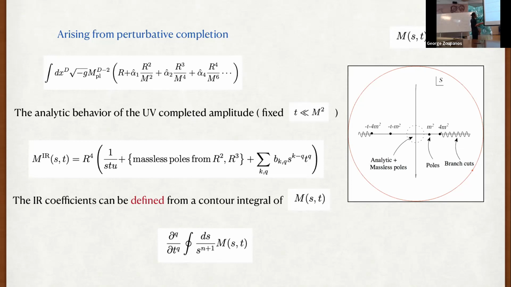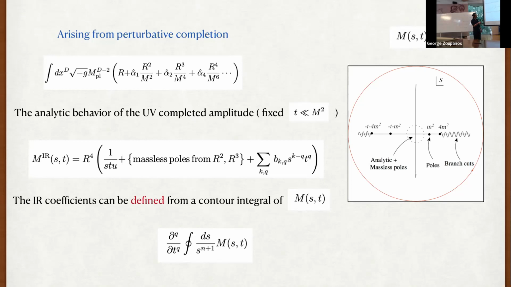But this is precisely the manifestation of the fact that I'm assuming perturbative completion, which means that the amplitude is already UV completed even at leading order in the coupling. So any graviton loops are higher order, so this is relevant to my question. In this kind of bootstrap, I don't care about graviton loops, so I don't care about any quantum correction, any massless cuts.